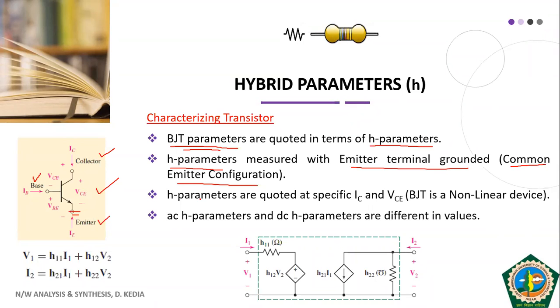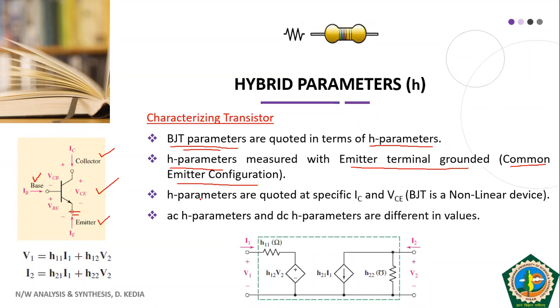Whereas since your transistor is a non-linear device, if your input voltage or input current changes, then your output current and output voltage may not behave in the same fashion. Added to this, your BJT is also a temperature dependent device.